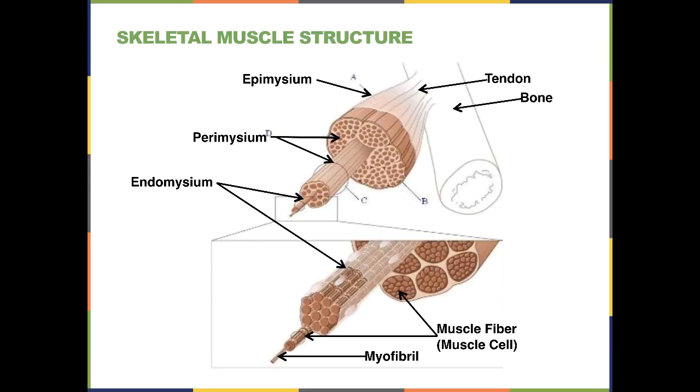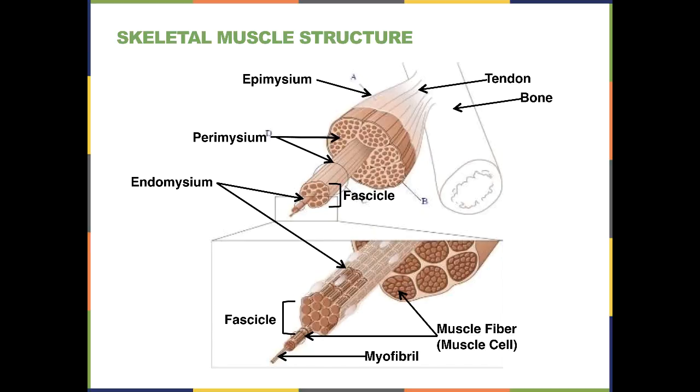And then just like with the nerves, the bundles of these muscle fibers are called fascicles. So the outside of the muscle is covered by the epimysium, just like the outside of the nerve is called the epineurium. The fascicles are bundles of muscle fibers, just like a fascicle is a bundle of axons.